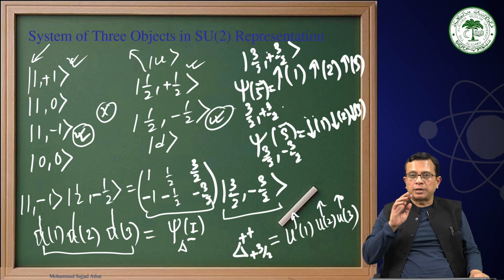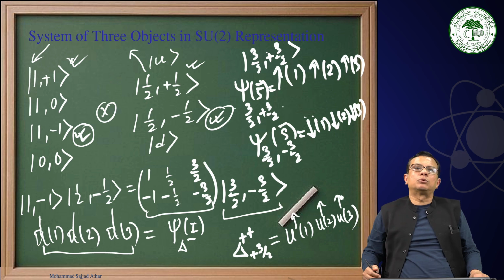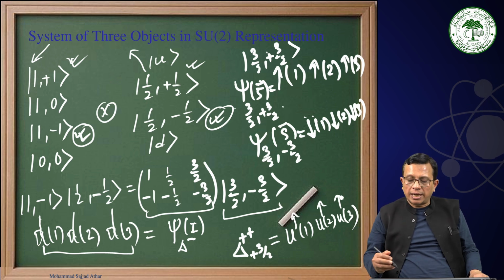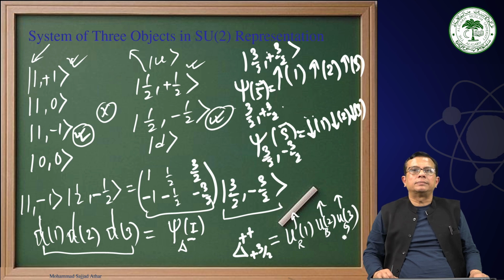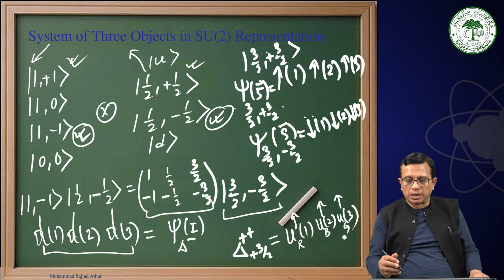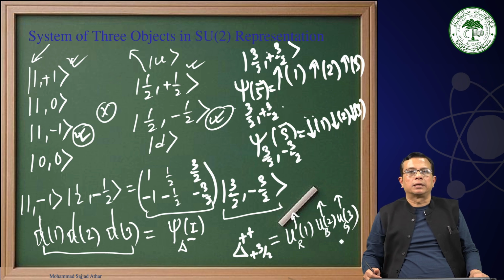And this is where I told you that your Pauli exclusion principle is in trouble, and that is why we introduced a quantum number that we called the color quantum number, and this was red, blue and green.